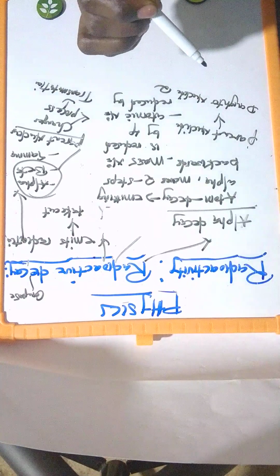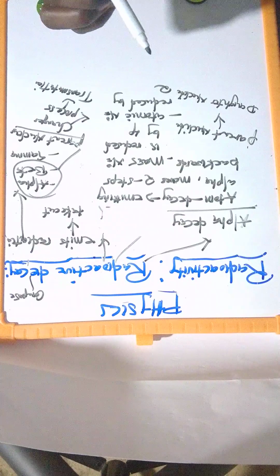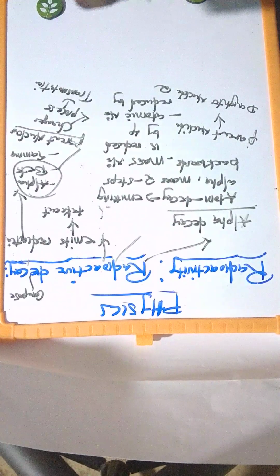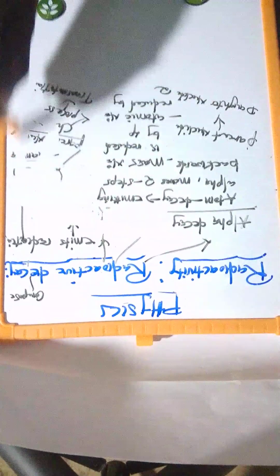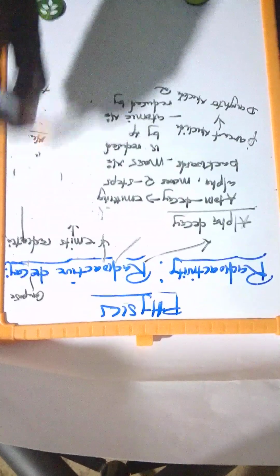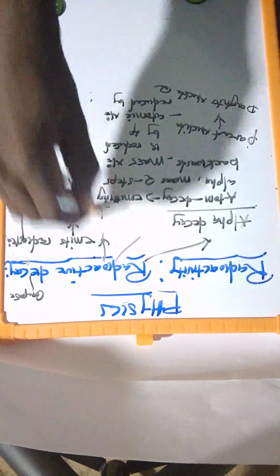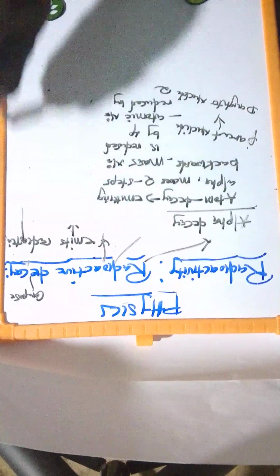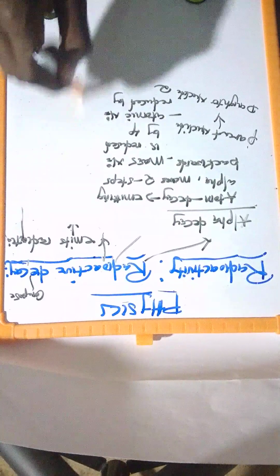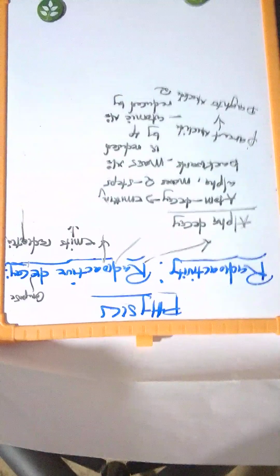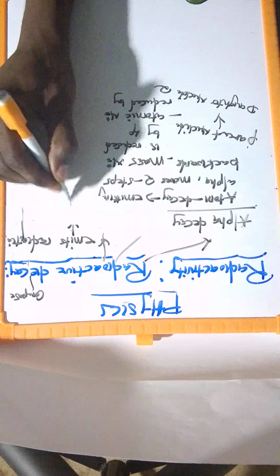Apart from that, we need to understand how to write the alpha decay equation. From what we have written, we can now see that an alpha particle is a helium particle.